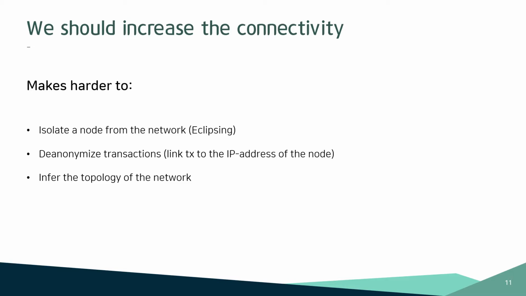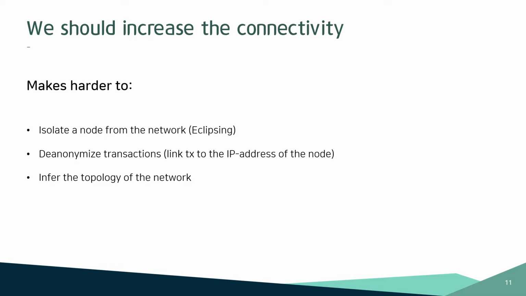But we should increase the connectivity. It is good to increase connectivity in Bitcoin because it makes it hard to isolate a node from the network, that is, an Eclipse attack. It makes it hard to de-anonymize transactions, linking a transaction to the IP address of nodes, and it also makes it hard to infer the topology of the network.